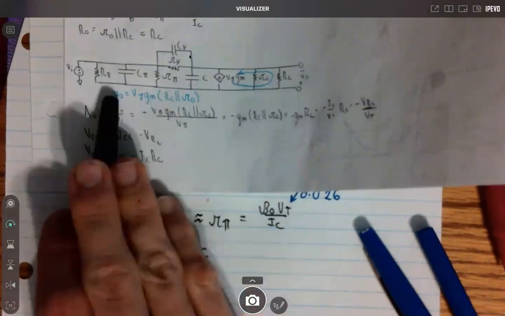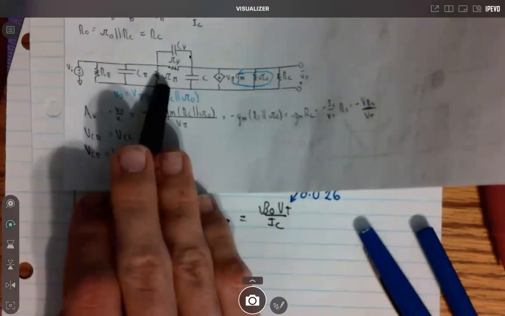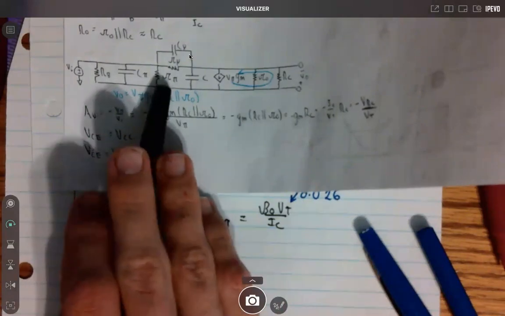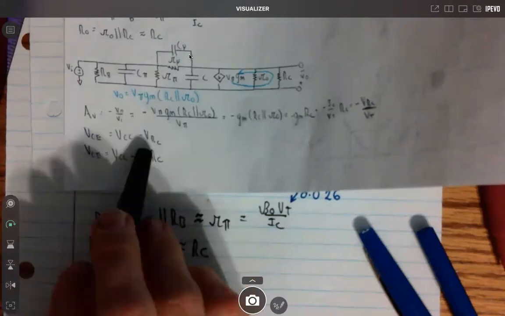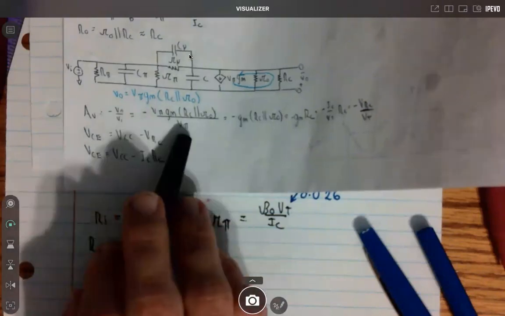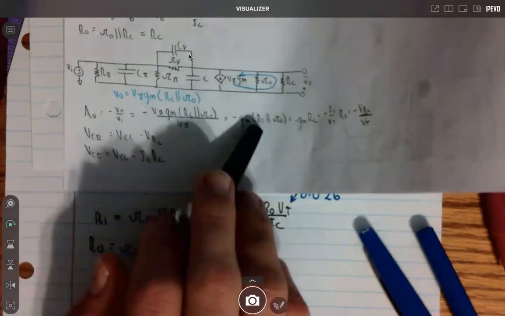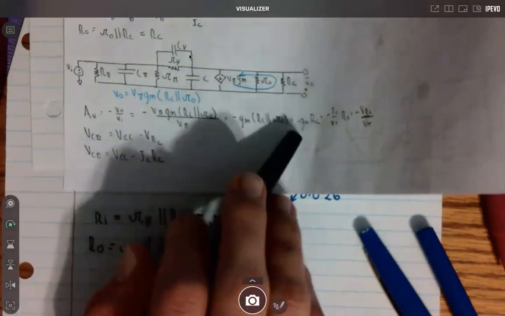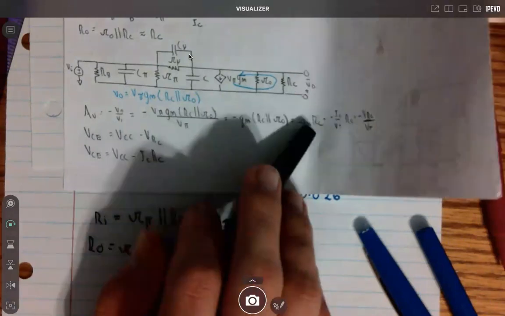The voltage input, remember, is approximately across R pi. We said the input resistance. So therefore, we know across R pi we're given the voltage V pi. So we could approximate the voltage input with V pi. Then we can cancel the V pi's here. So it gives us negative gm, RC in parallel with R out. And then we know RC is the dominant one, so that's going to come out.